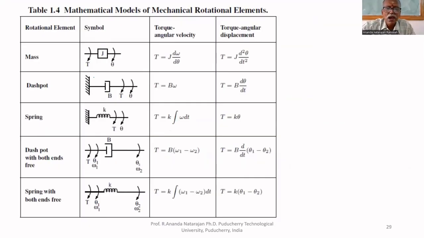Here one end is fixed. Therefore, T, the applied torque, equals the reaction torque, J d square theta by dt square.